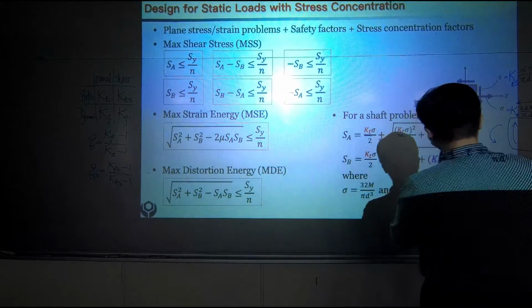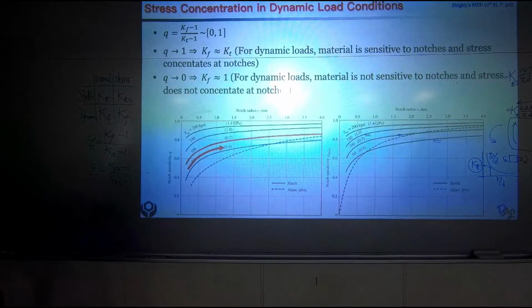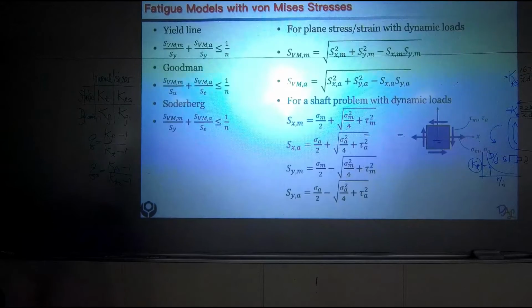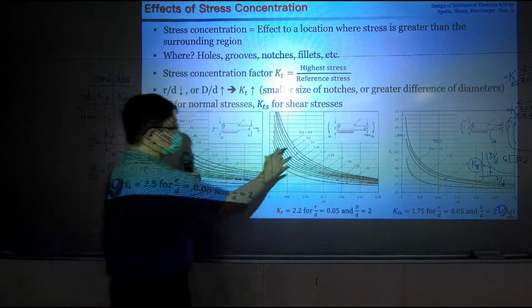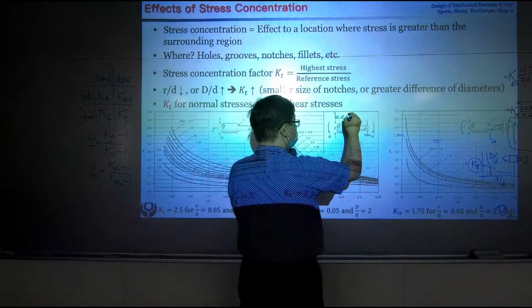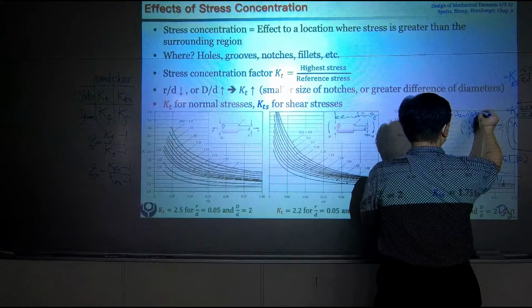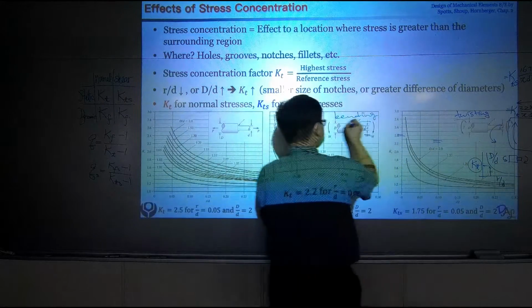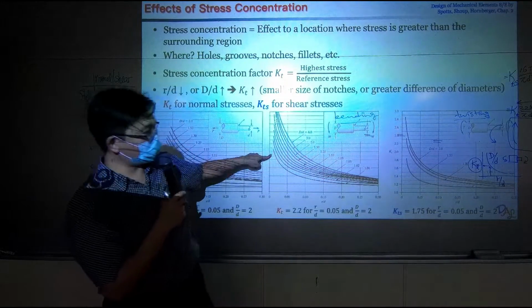Okay? So, let me remind you which two tables. Here, this is bending, and this is twisting. So you need to plug in numbers and figure out what's the K here.